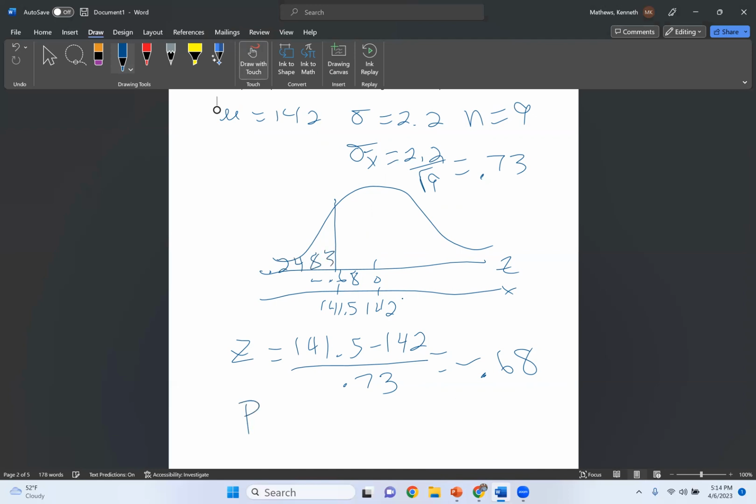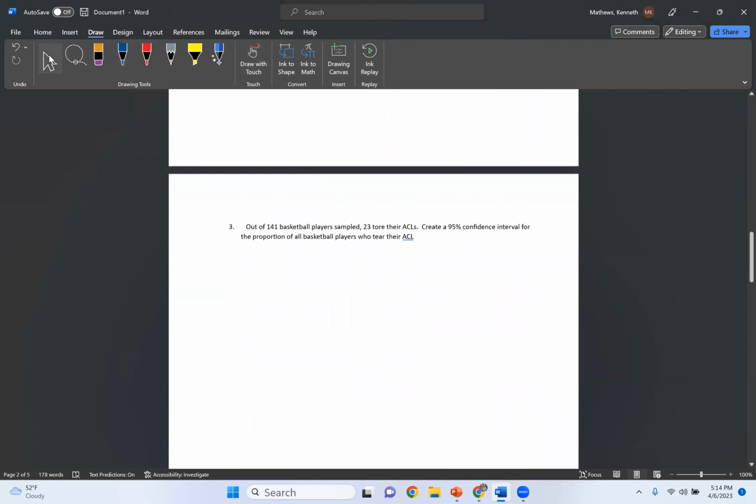So the probability that x is less than 141.5 is equal to 24.83%. We could also say that 24.83% of all women weigh less than 141. Oh, no, we can't because it's a group of 9. So the probability that 9 women will have a mean less than 141.5 is equal to 24.83%. Beautiful. Okay, let's go to the next one.